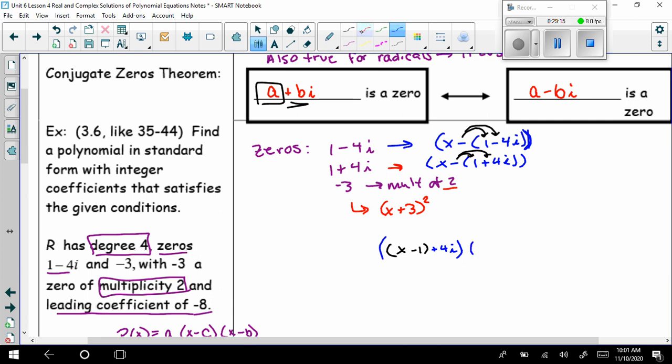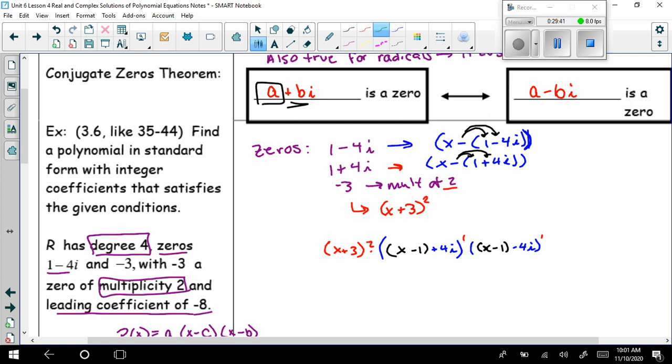And then the other one will be x minus 1. So notice that that part, the real part, is the same. And then minus 4i. Same thing with radicals here. And then we have our x plus 3 squared. So right now we have a multiplicity of 4.